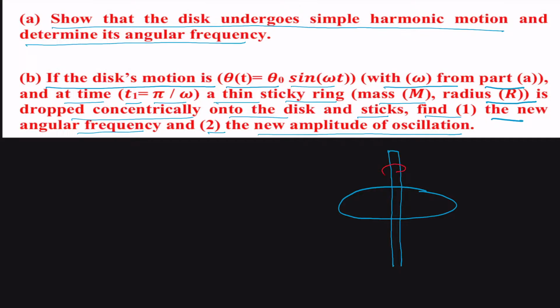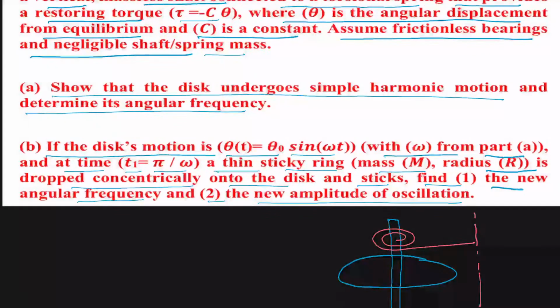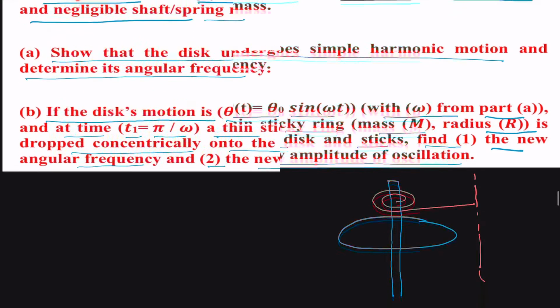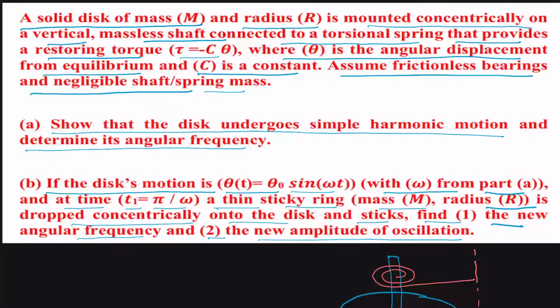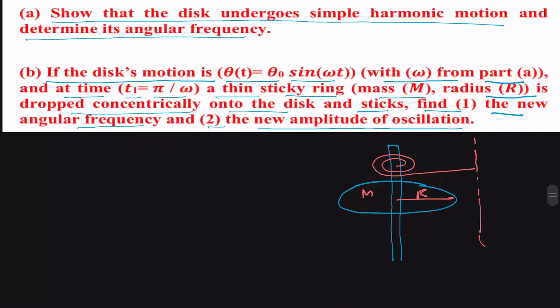Suppose this is our spring, fixed somewhere here, and this is our torsional spring which is wound on this shaft, and its restoring torque is given by this spring. We know its mass is m and radius is given as r.